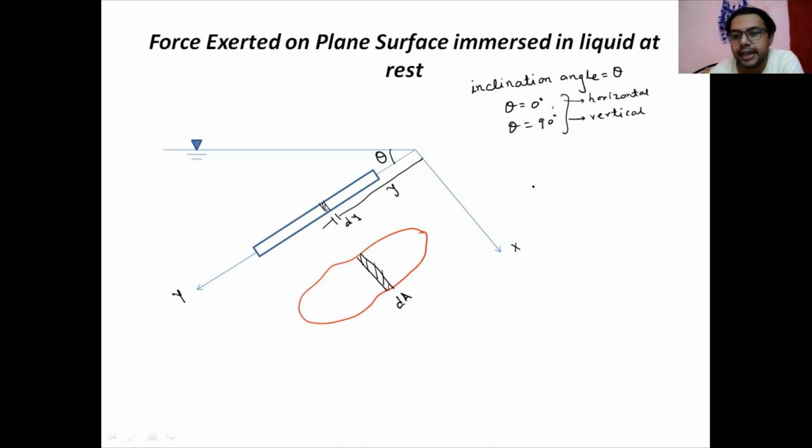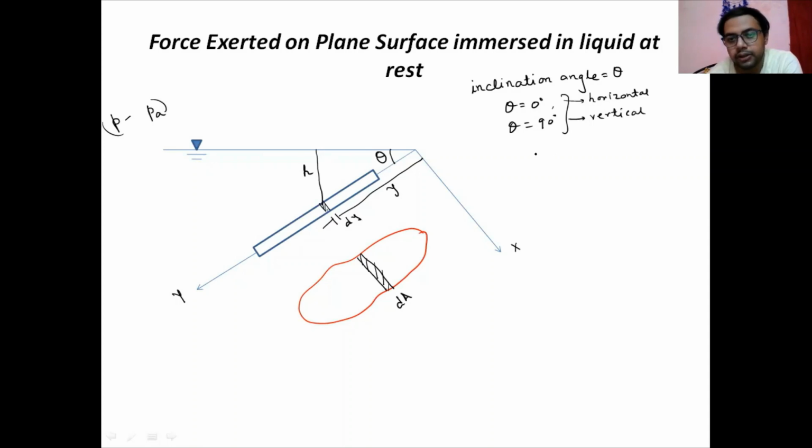So what is the pressure acting over here? Let us consider PA. We are considering only gauge pressure; atmospheric pressure we are taking as a reference, so basically P minus PA we will consider. What is the depth of it from the free surface? That is h.